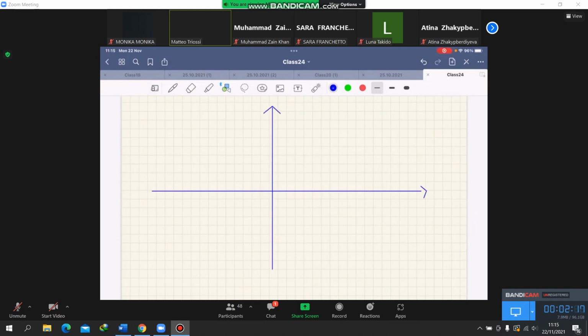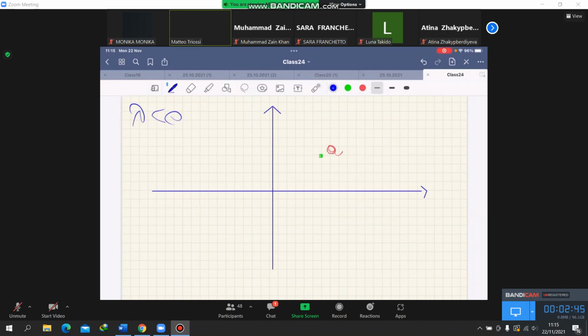Not only, say, here you have your A, so lambda smaller than 0.